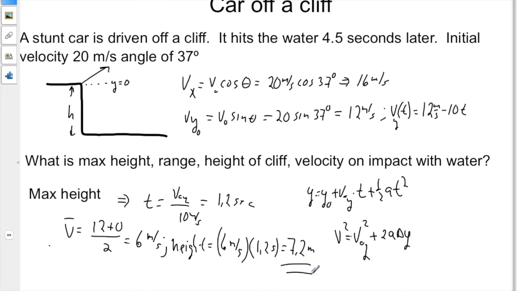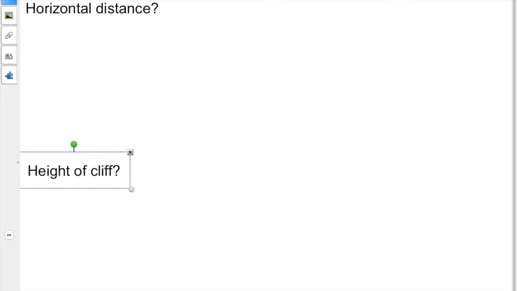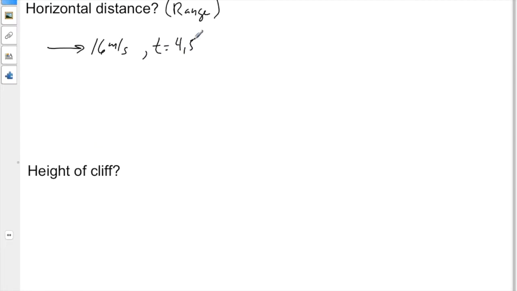Next question: what are we going to get for range? Range is the horizontal distance. You'll recall the velocity in the x direction is 16 meters per second, and the time is 4.5 seconds.